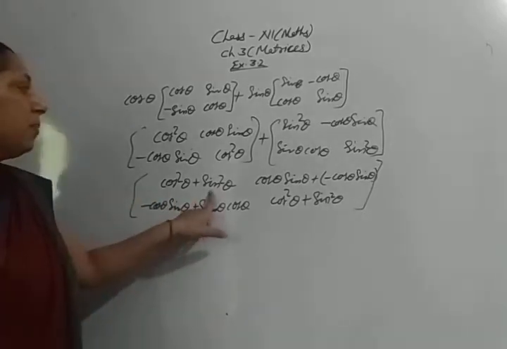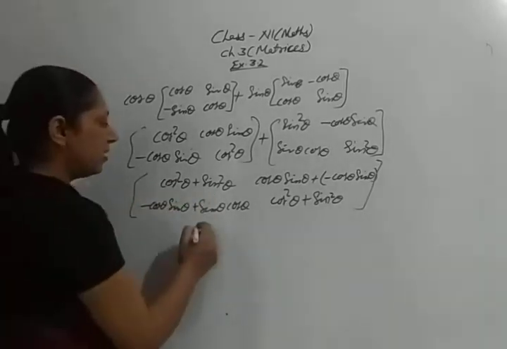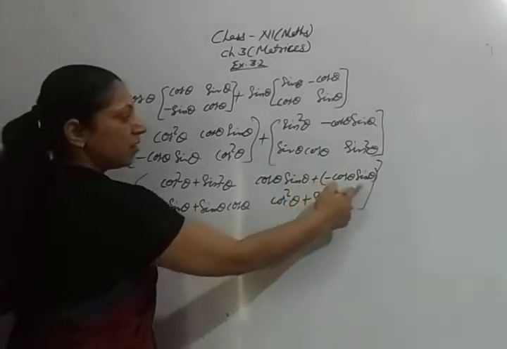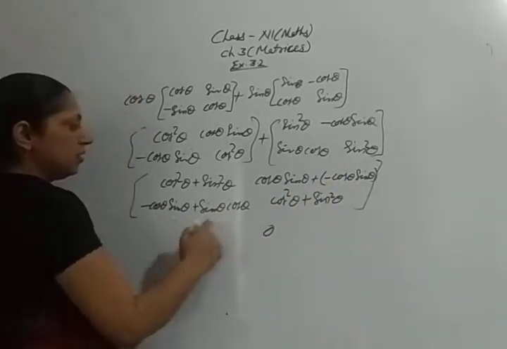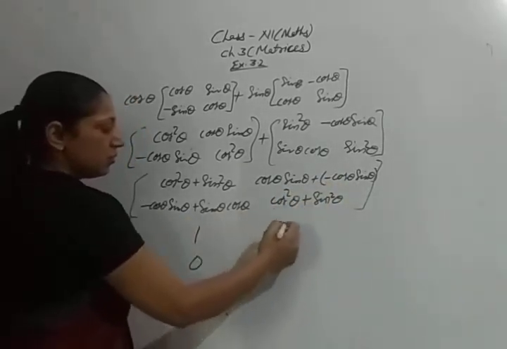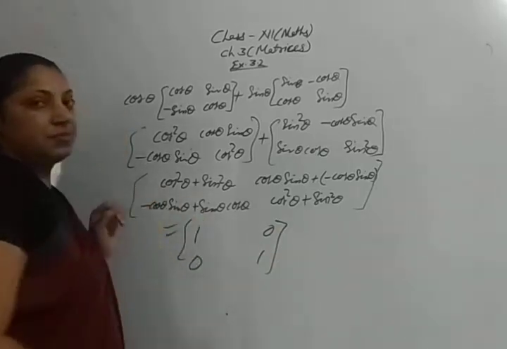Now cos square theta plus sin square theta is the identity, that is 1. Cos theta sin theta minus cos theta sin theta is 0. This one is 0 and this is also equal to 1. So this is our answer.